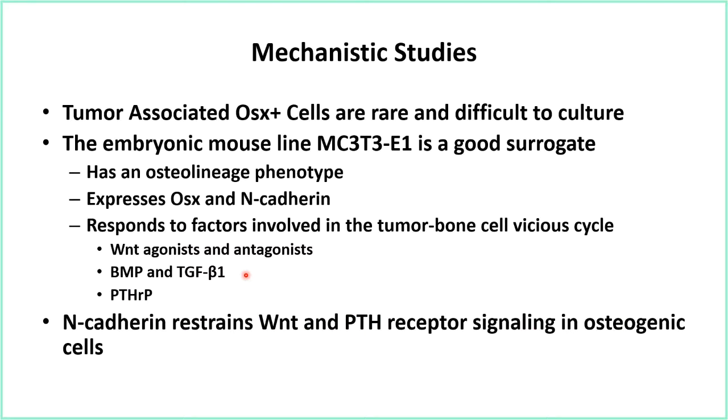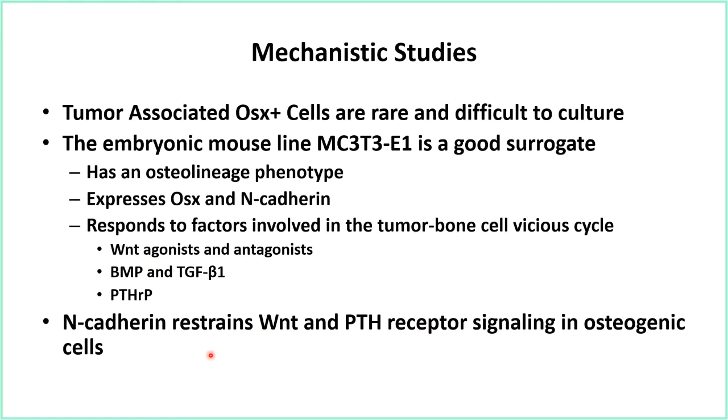They express both osteolysis and N-cadherin and all the phenotypic features of osteogenic cells, and they can be induced to differentiate into osteoblasts. And most important, they respond to factors involved in the tumor bone cell so-called vicious cycle, in particular, Wnt agonists and antagonists, but also members of the BMP TGF-β superfamily, as well as PTHrP.